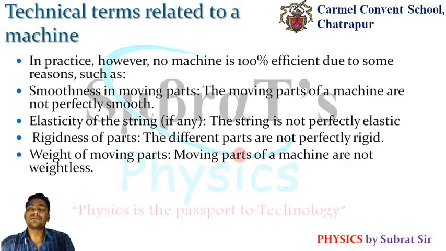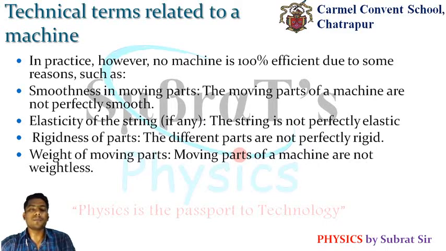That's why the work output is less than the work input. Next is rigidness of parts: if any part is not perfectly rigid, this also consumes some energy, so the output work done will be less.